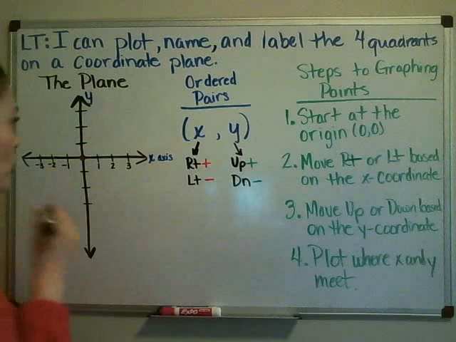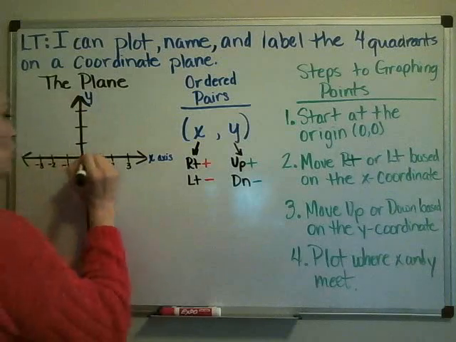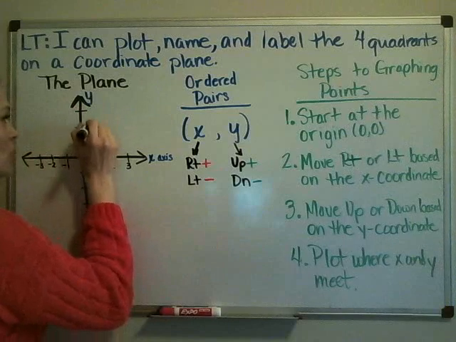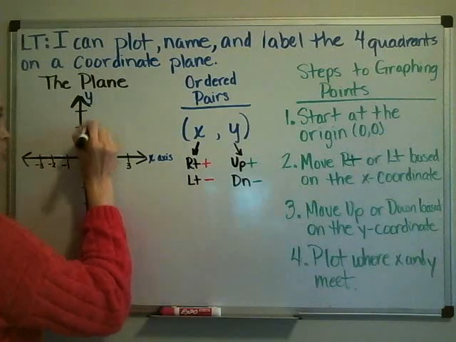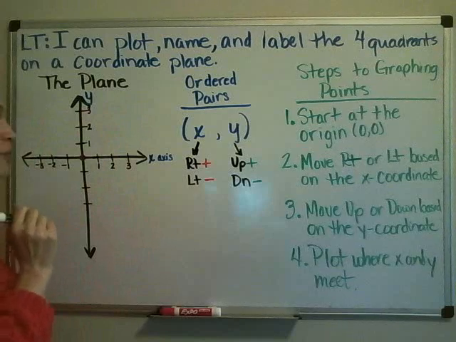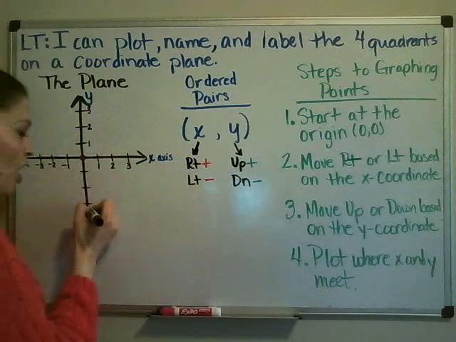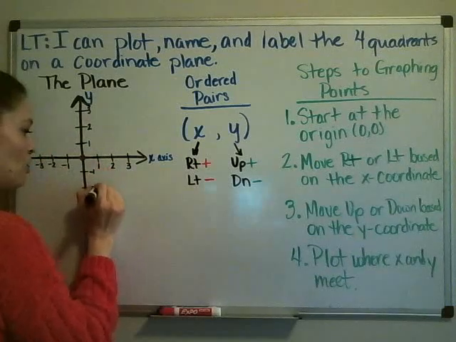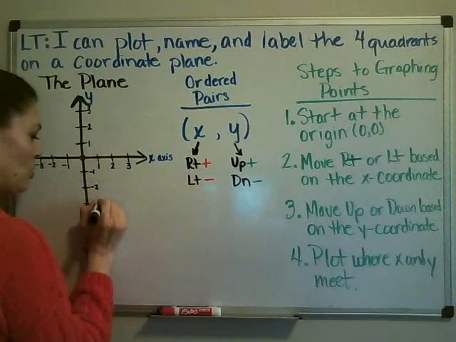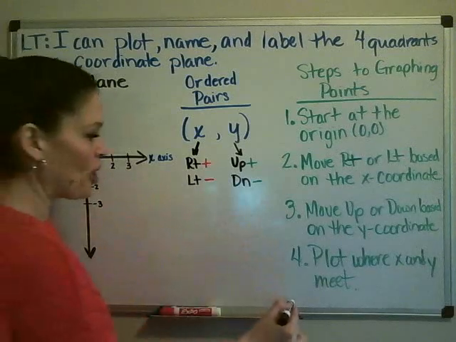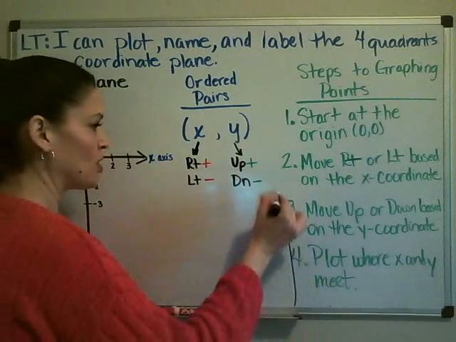On the y-axis, if I start at the origin and I go up, that's going to be positive 1, 2, 3. If I'm at the origin and I go down, that's going to be negative 1, negative 2, negative 3. All right, so let's use this space to do some examples.